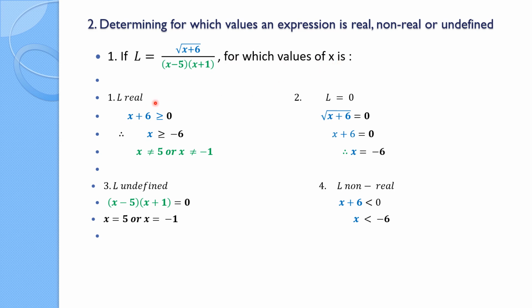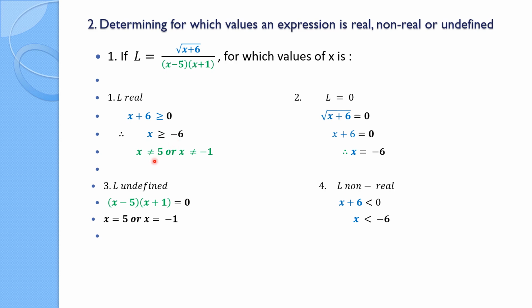So if you remember from classification, numbers are considered real if the square root is positive. So for the square root to be positive, I'm going to say x plus 6, the value under the square root, greater or equal to 0. Take plus 6 over, it becomes minus 6. So x is greater or equal to negative 6.